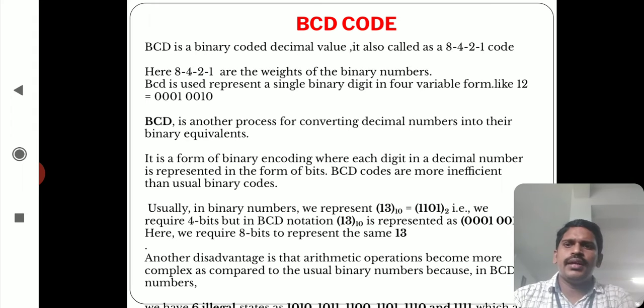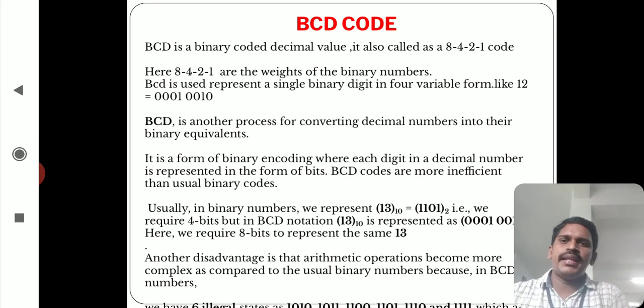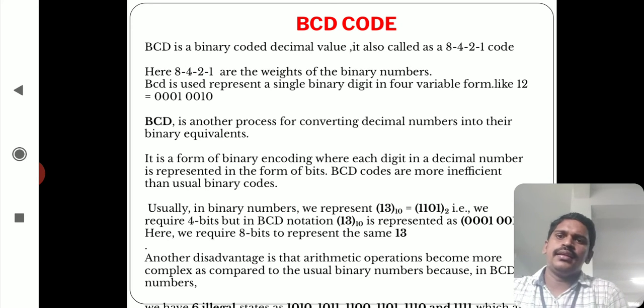Hence we require more bits than the general binary representation. In BCD notation we represent each digit in the form of 4 bits.